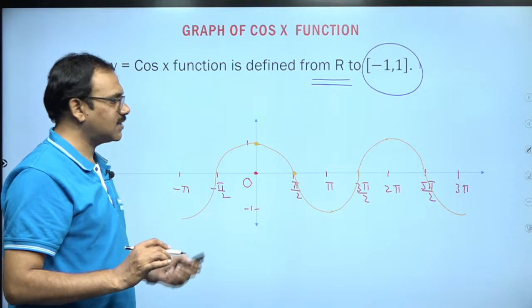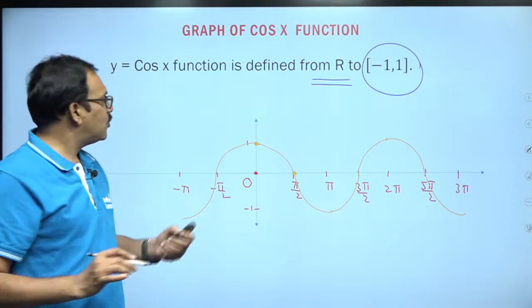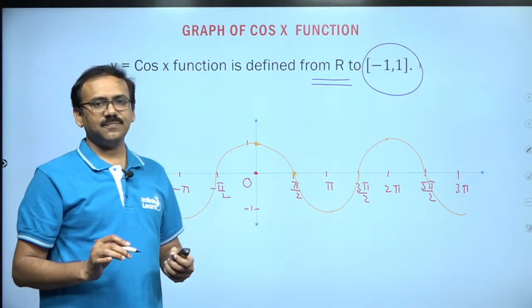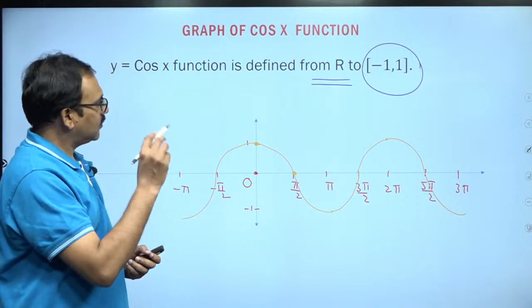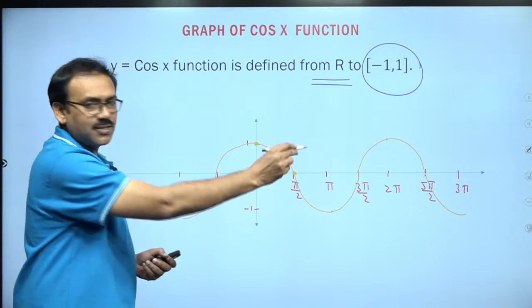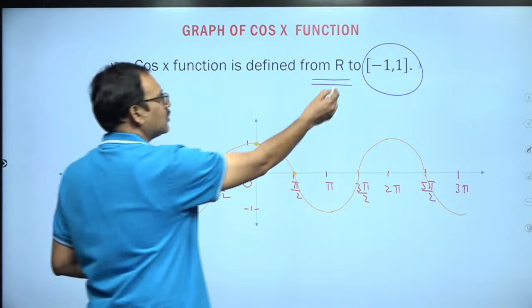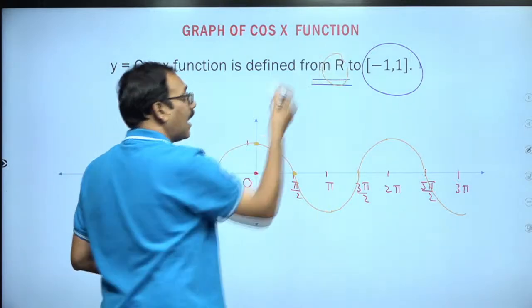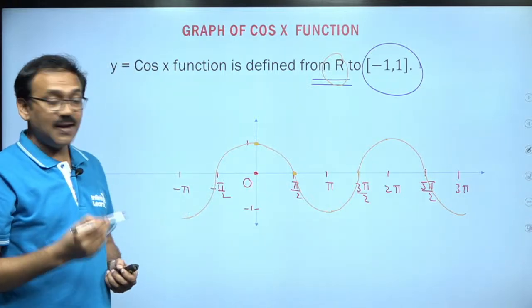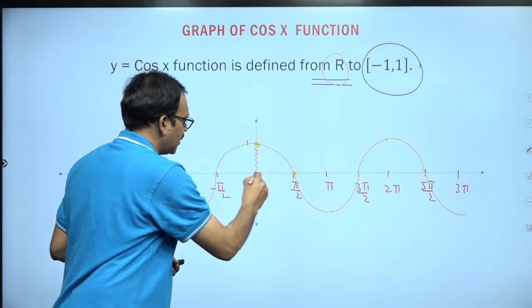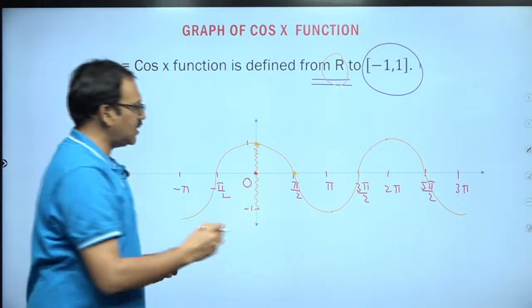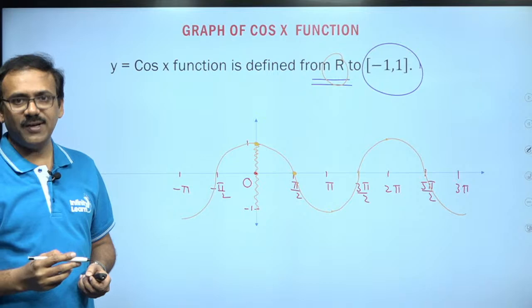From the graph you can clearly say that the domain of this function is R, and the range of this function, on the y axis, covers minus 1 to 1 only.